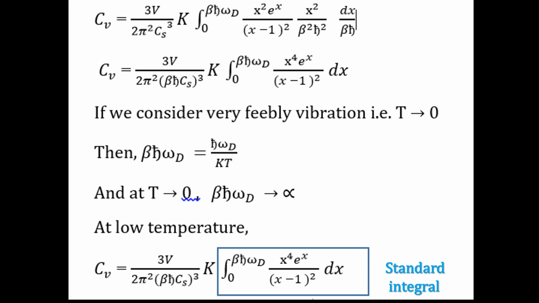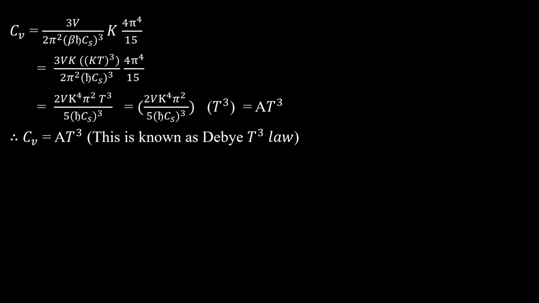This square bracketed value is known as a standard integral value. It has a finite value. Now putting the value of the standard integral, which is 4 pi to the power 4 by 15, we get Cv equal to 3V by 2 pi square beta h cut cs whole cube into k into 4 pi to the power 4 by 15.